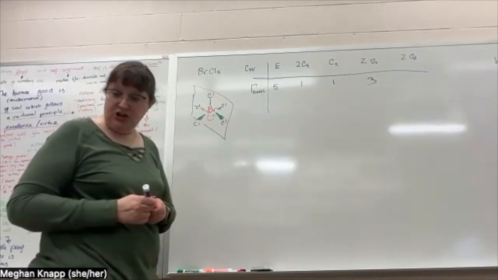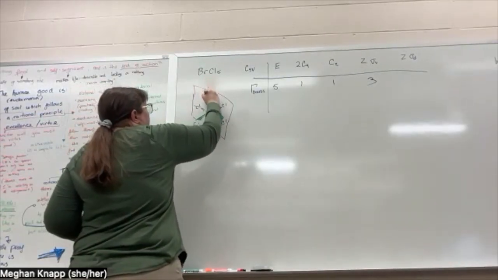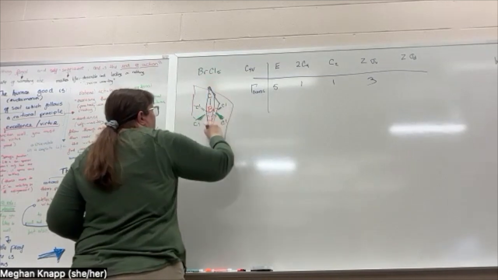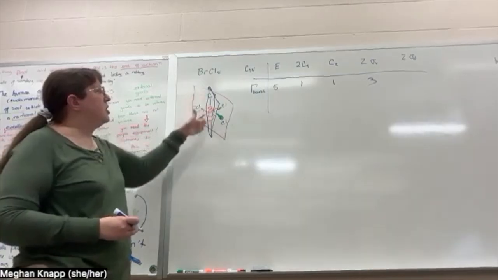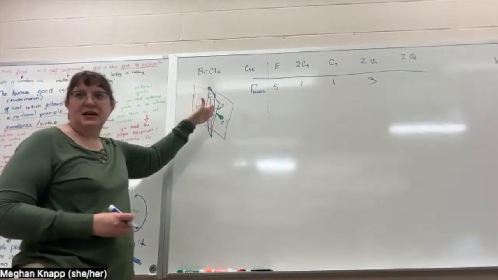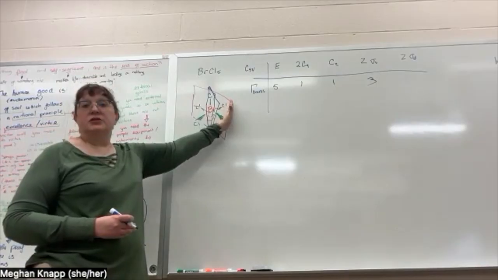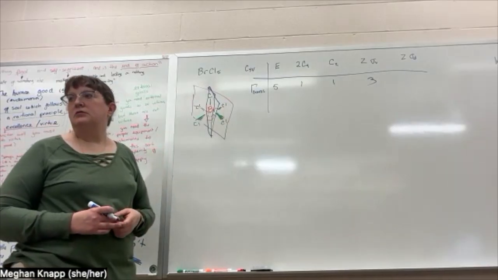Now, if I change this to do the mirror plane that is out like that, cutting through between those bonds and just contains the top one, then the ones on the left mirror into the ones on the right. Okay, so how many stay in place?